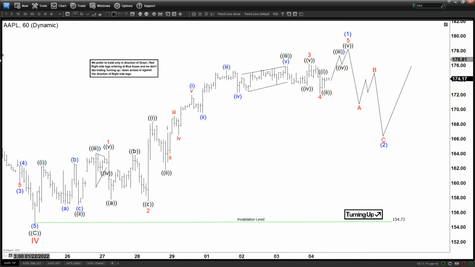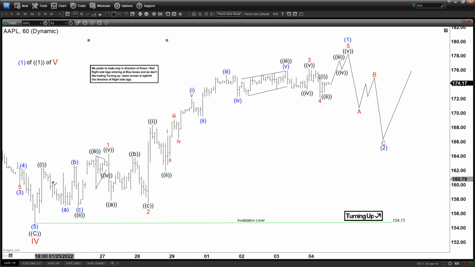So we are now within 1, and of 1 of 5. Okay, so this is where we are, and looking for another boost higher to finish the 5 waves, and then from there we can get this pullback to correct this entire rally, and then higher again afterwards.